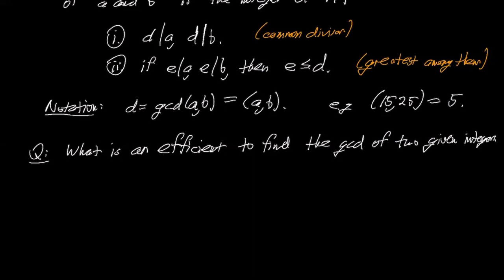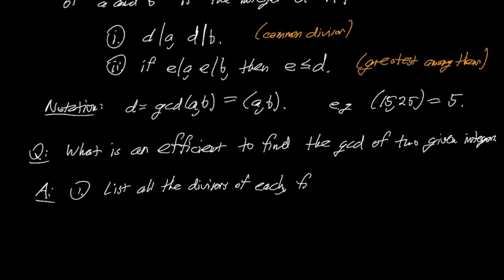So one thing you could do, you could list all the divisors of each, and find the biggest common one. That could take a long time if you got a very large number with lots of divisors.